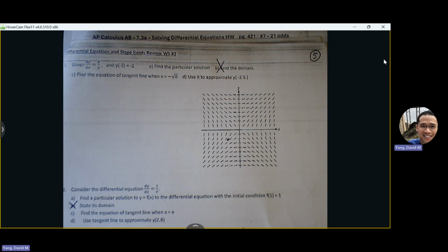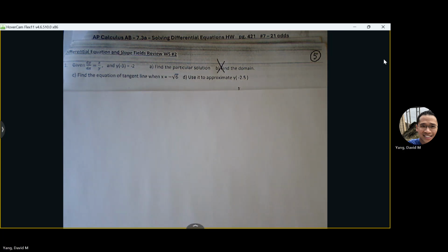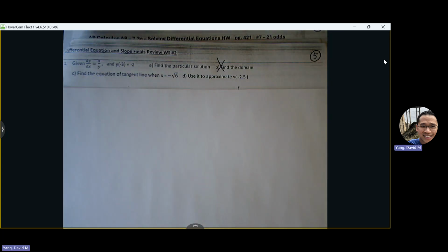So page 5, let's go ahead and work on a differential equation. So it says find the particular solution. Let's go through our steps. Let's see how we do.